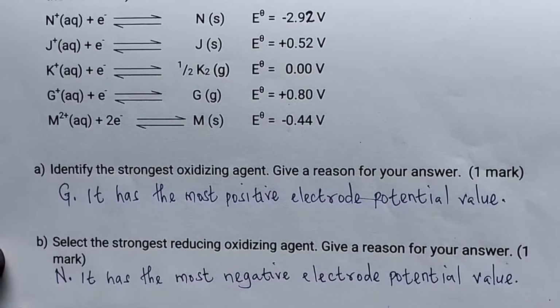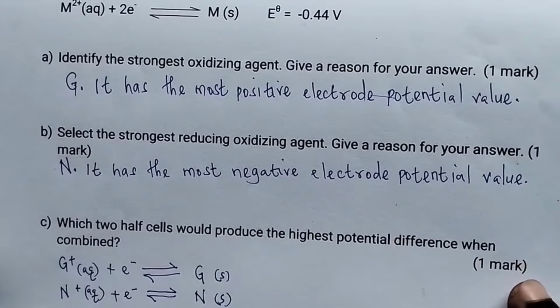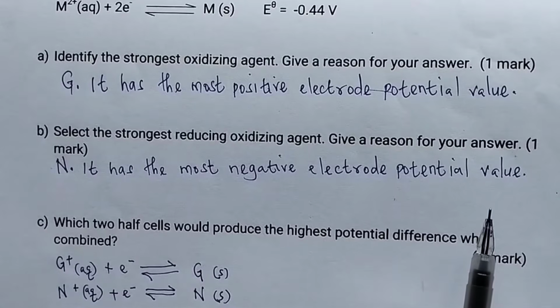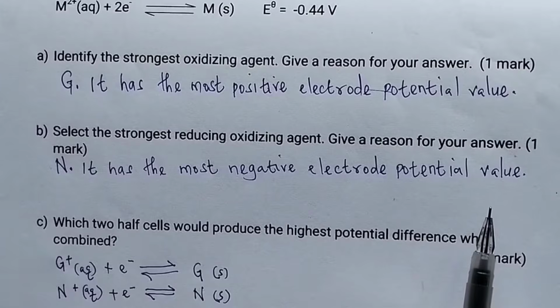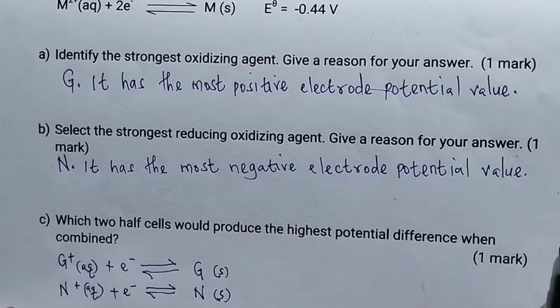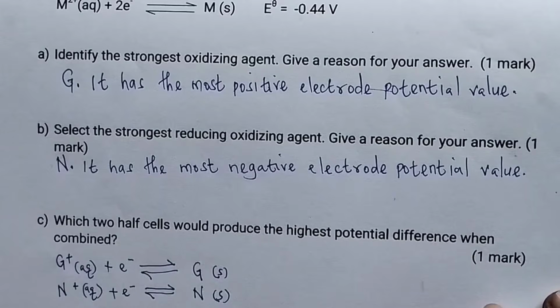During the exam, you can be told to give a reason. We can say G was the element with the most positive electrode potential value, and N was the species with the most negative electrode potential value. When they are combined, they produce the highest potential difference.